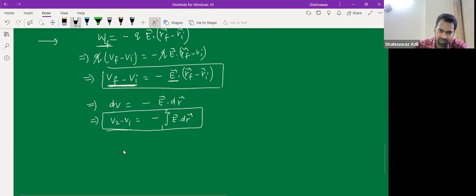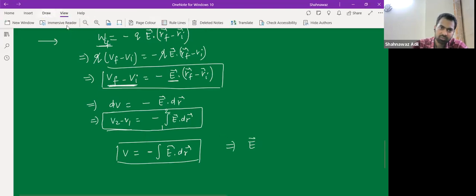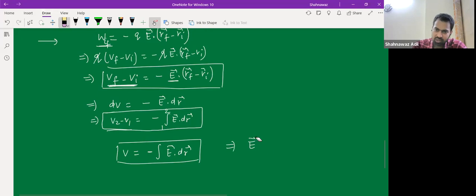If we take this integral to the left hand side, this will become E, equal to minus dV by dr. So this we learned in the previous class.